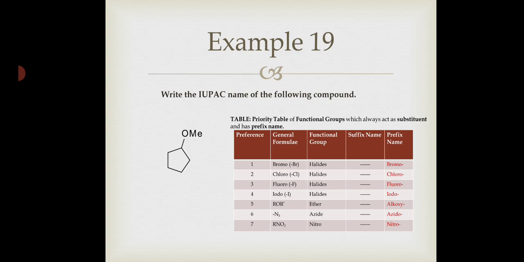So, the prefix name of ether is alkoxy. Here it will be methoxy, and so the name of the compound is methoxycyclopentane.